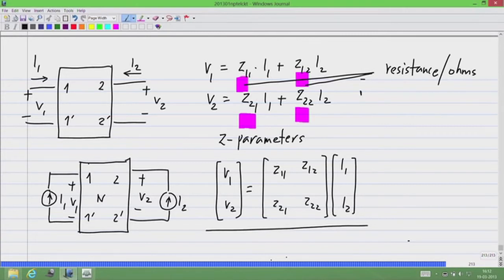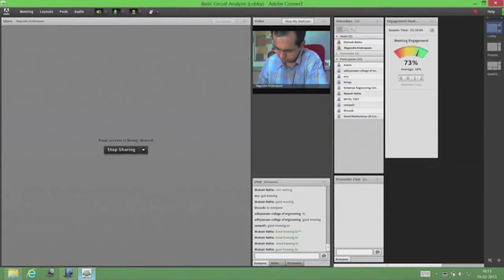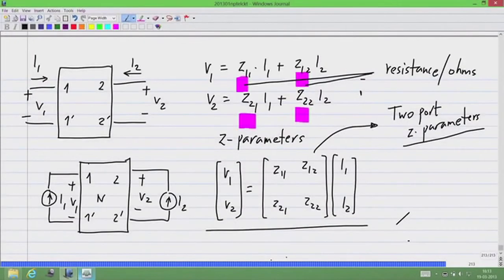So, are there any questions about the definitions of Z parameters? Any questions about the two port Z parameters?